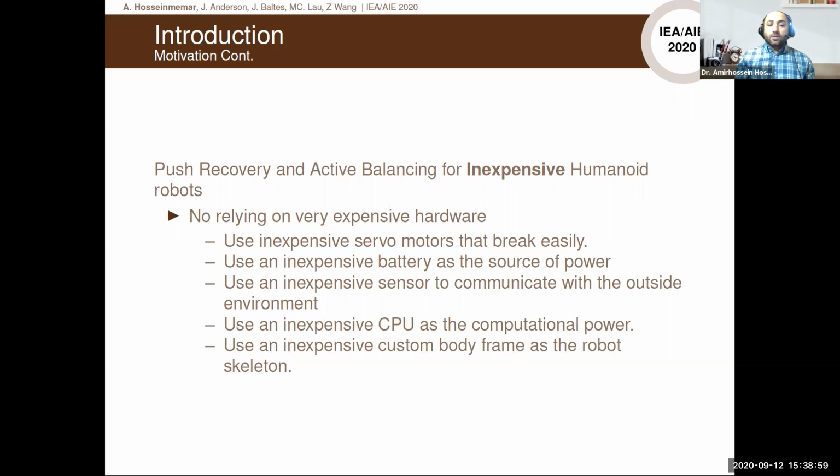So it uses inexpensive servo motors that break easily, an inexpensive battery as a source of power, an inexpensive sensor to communicate with the outside environment, an inexpensive CPU as computational power, and an inexpensive custom body frame as the robot's skeleton.